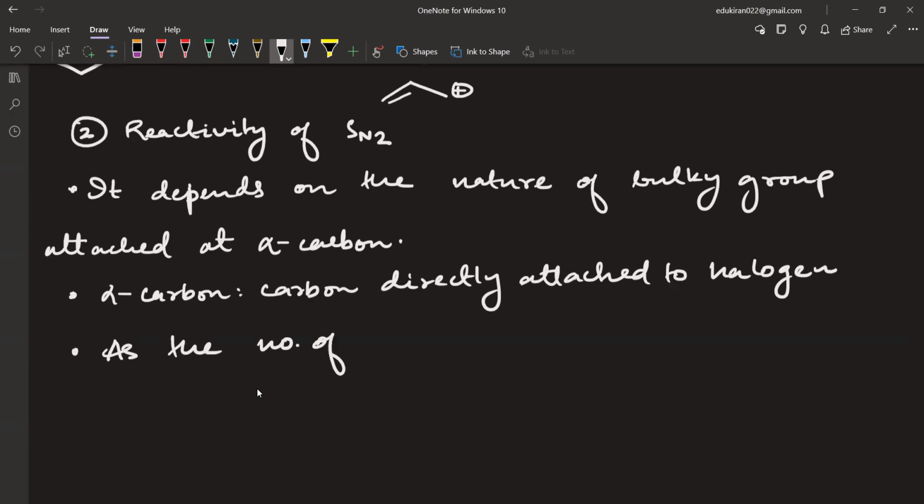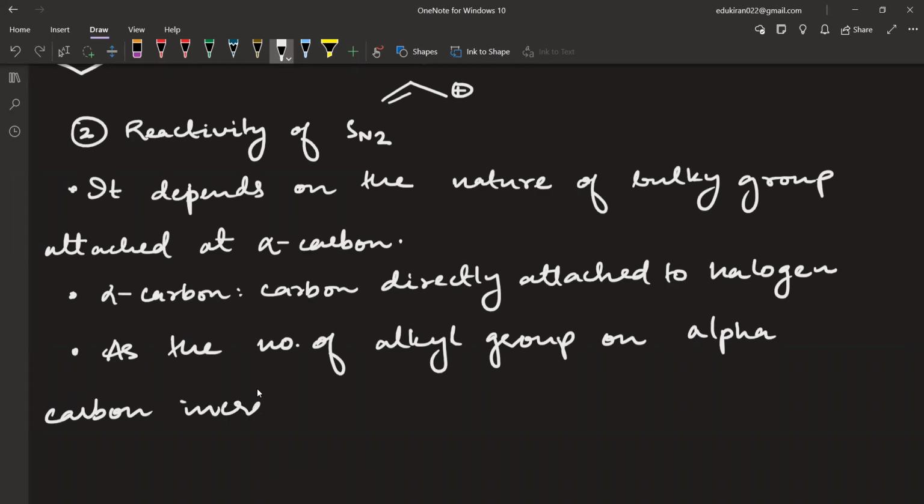As the number of alkyl group on alpha carbon increases, what will happen? It will create hindrance. Hinder means it will be stopping the incoming nucleophile.